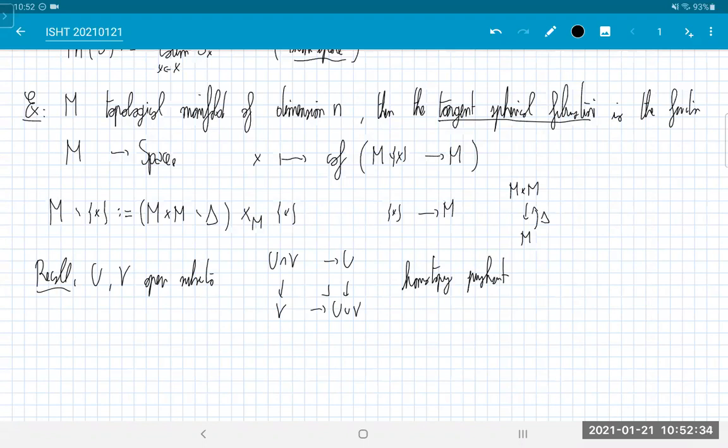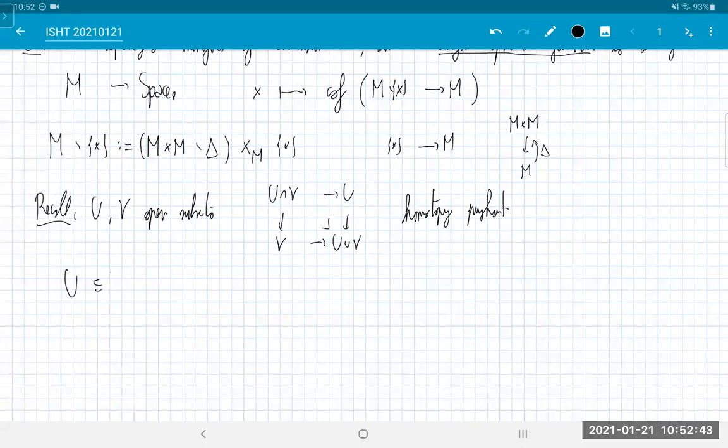And so we are going just to take a small neighborhood of X that's homeomorphic to R to the N. So now take U inside M, a neighborhood of X homeomorphic to R to the N.